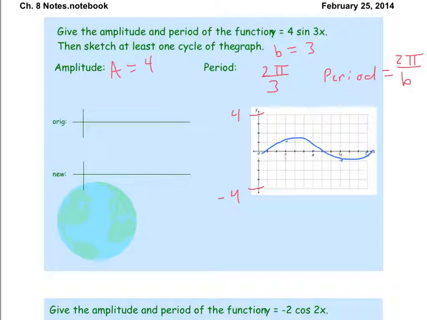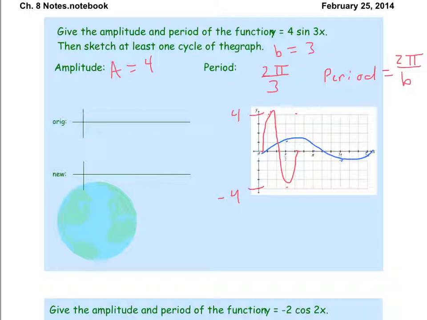This new graph is going to start at the same point, okay? However, we are going to see that is where its period would end at 2/3 pi.